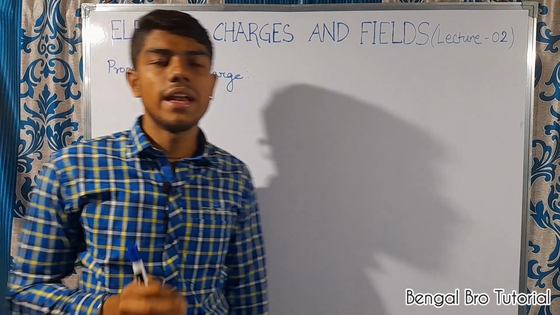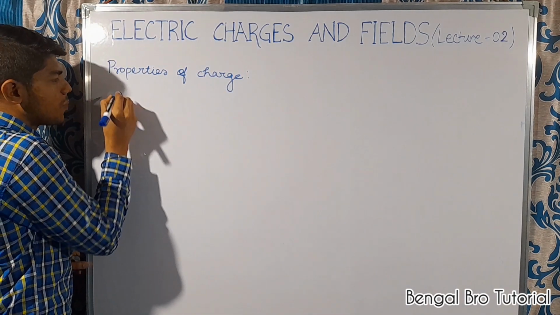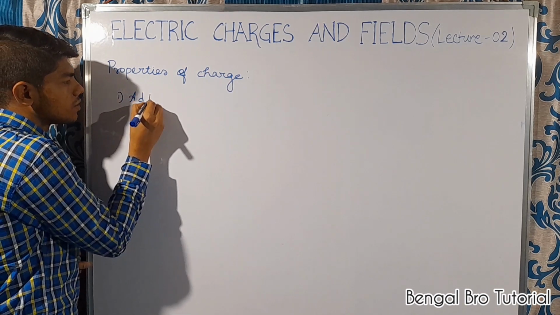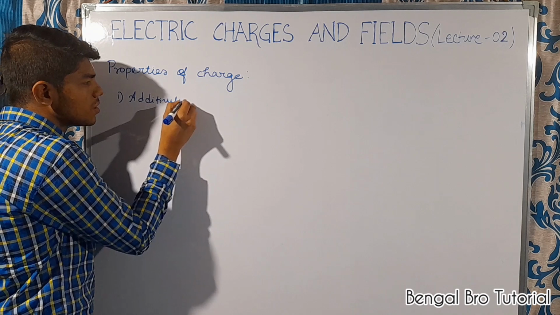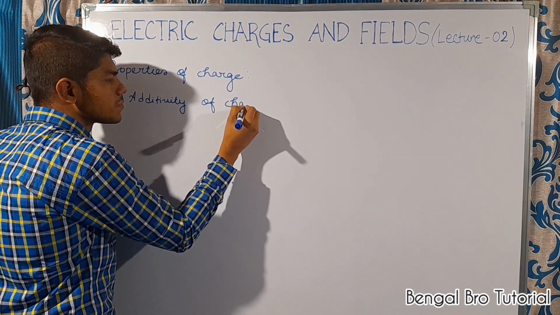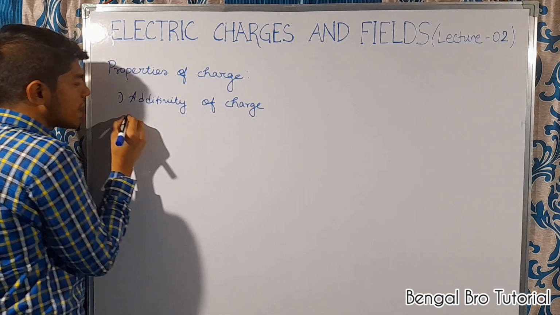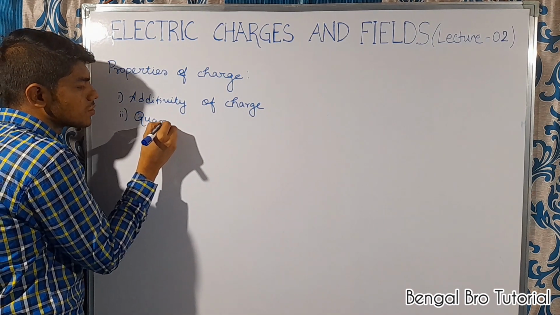Charge has mainly three properties. The first property is additivity of charge. The second property is quantization of charge.